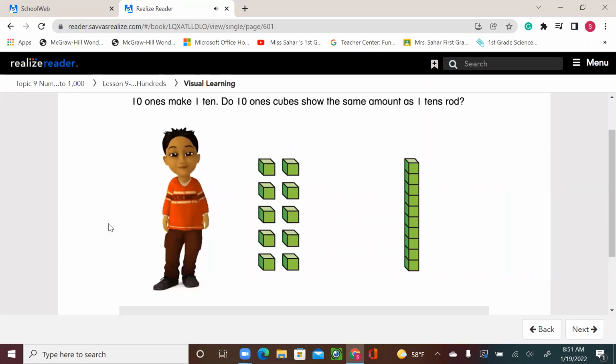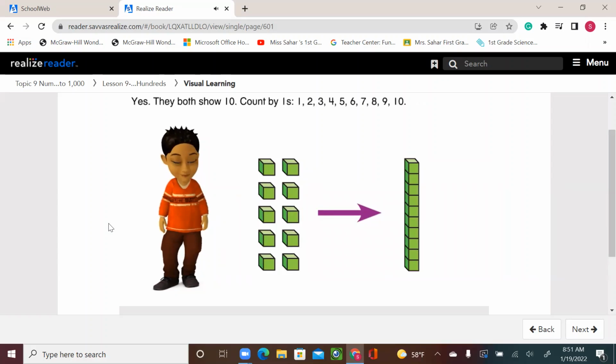Do 10 ones cubes show the same amount as 1 tens rod? Yes, they both show 10. Count by ones. 1, 2, 3, 4, 5, 6, 7, 8, 9, 10.